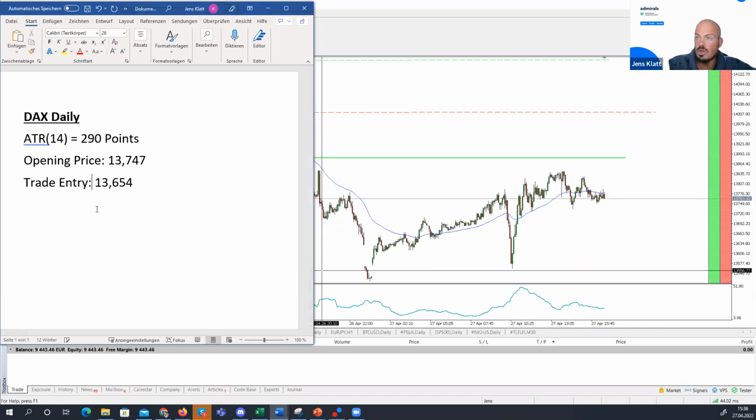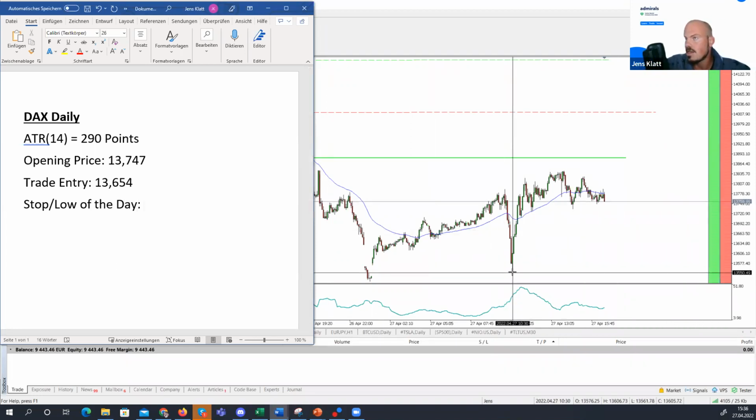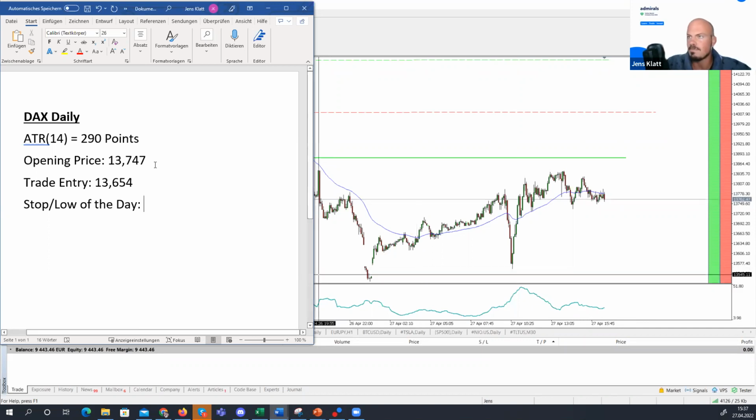You also have the low of the day, which is usually your stop. You can already see this is a very volatile environment, even on a 5-minute time frame. You're placing your stop here at 561.